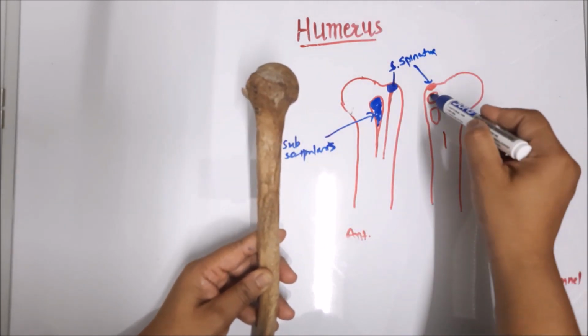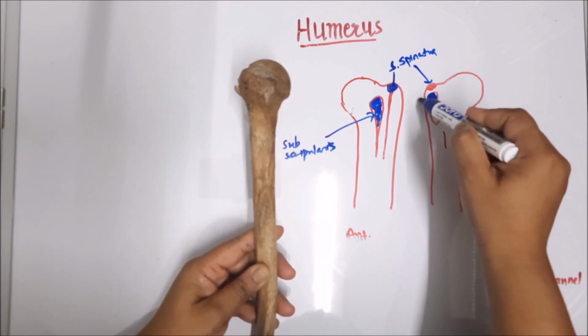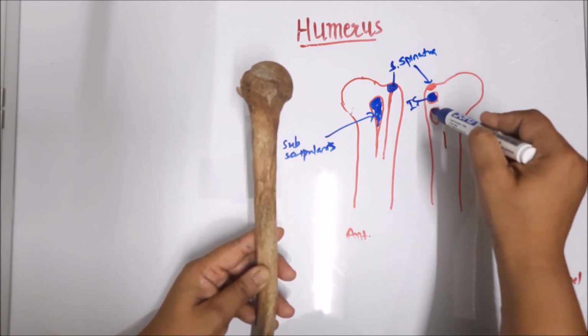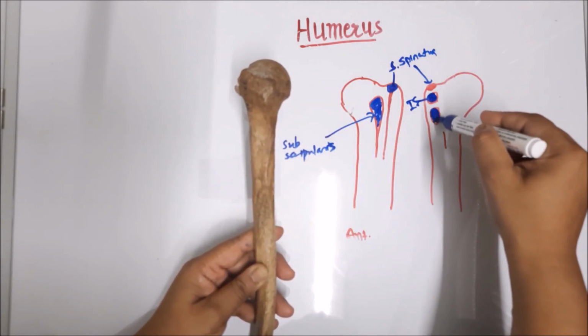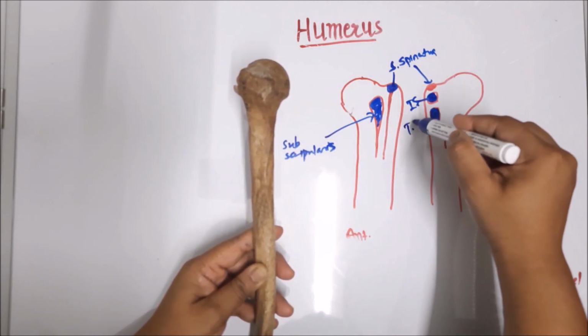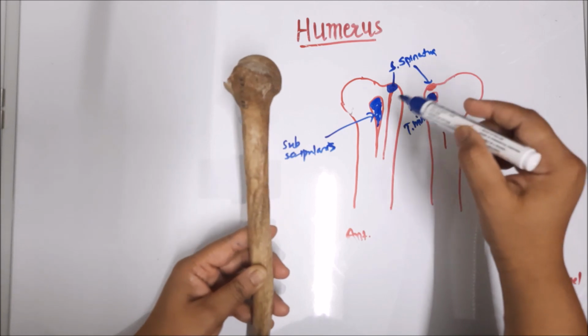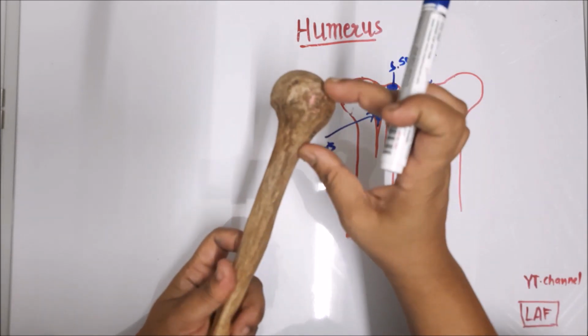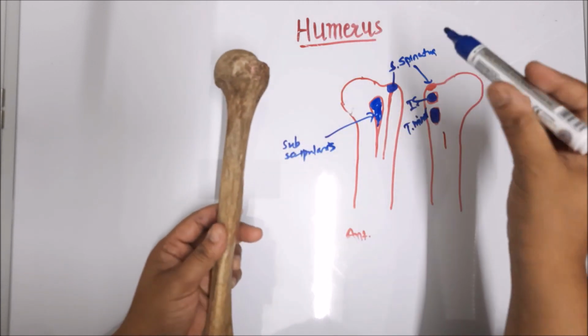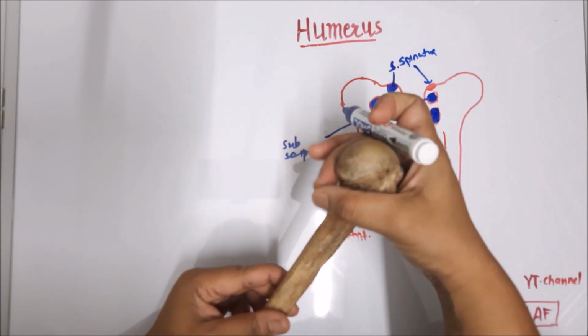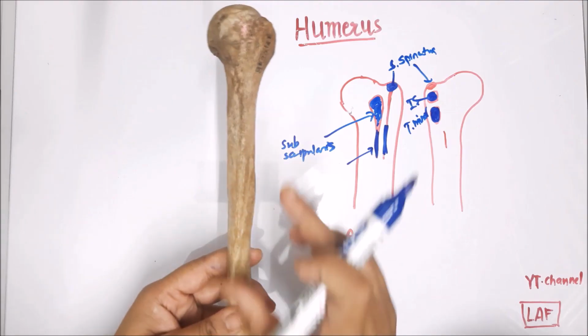On the posterior side, at the middle impression, there will be the insertion of infraspinatus muscle, and at the lower impression there is the insertion of teres minor. So subscapularis, supraspinatus, infraspinatus, and teres minor. These four muscles form the rotator cuff around the shoulder joint.